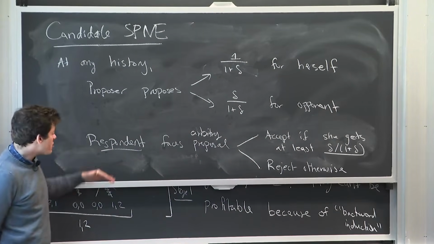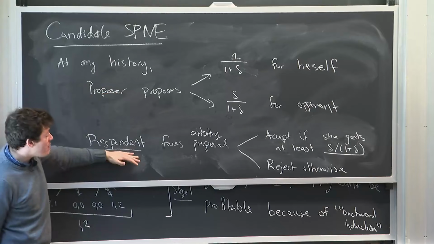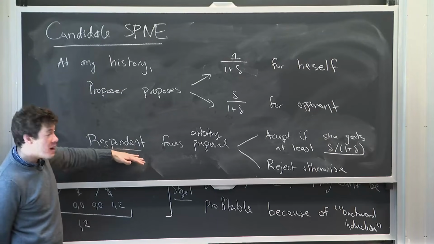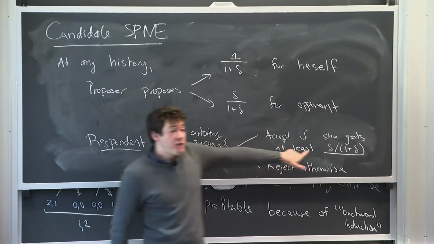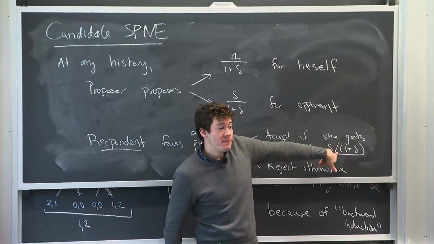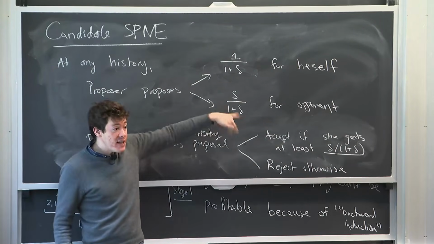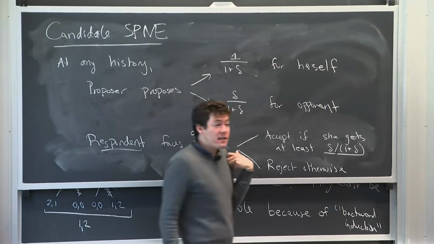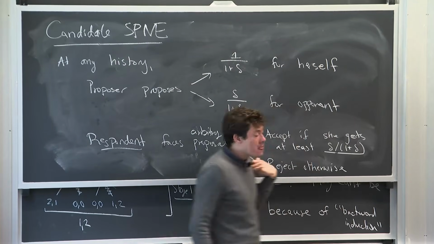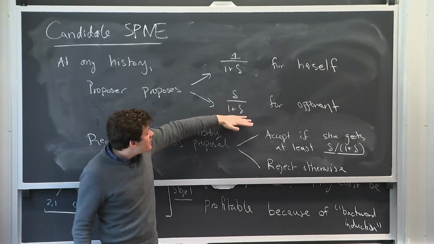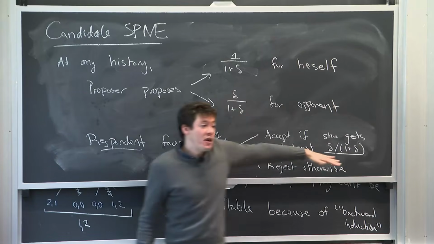So let's understand the structure. When I'm the proposer, I anticipate that the respondent will only accept my offer if I offer to give them at least this much utility. So what am I going to do? Well, I could give them more utility than this, and they'd accept it. But I don't want to do that, because that leaves less utility for me. So I'm going to give them the smallest amount of utility that they will actually accept.